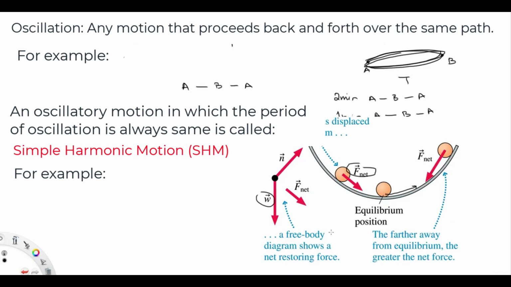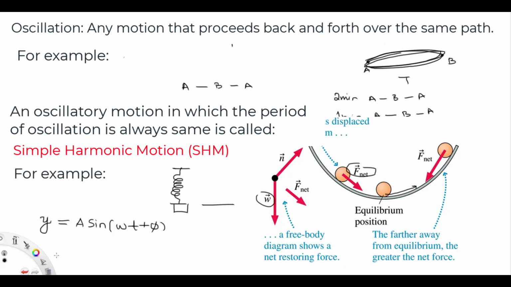Any kind of simple harmonic motion can be described by a sine wave. So simple harmonic motion is described by this sinusoidal equation: y equals a sine of omega t plus phi.